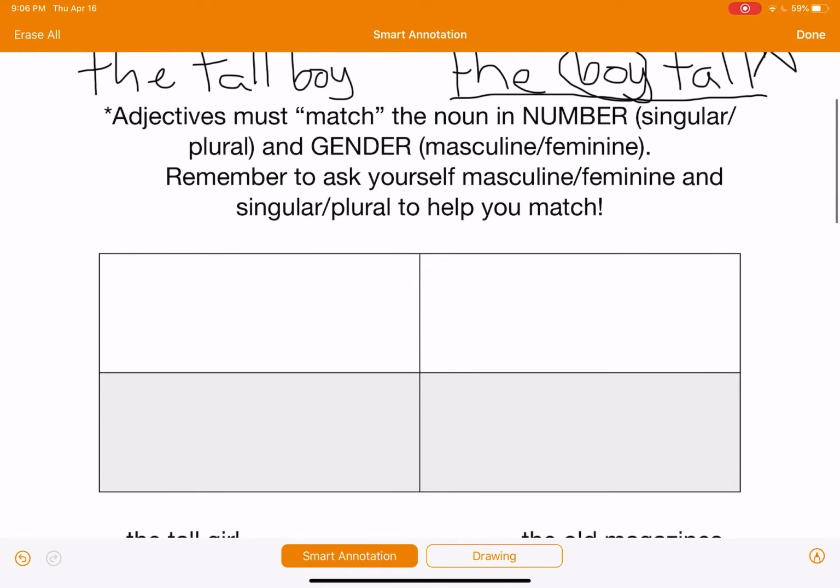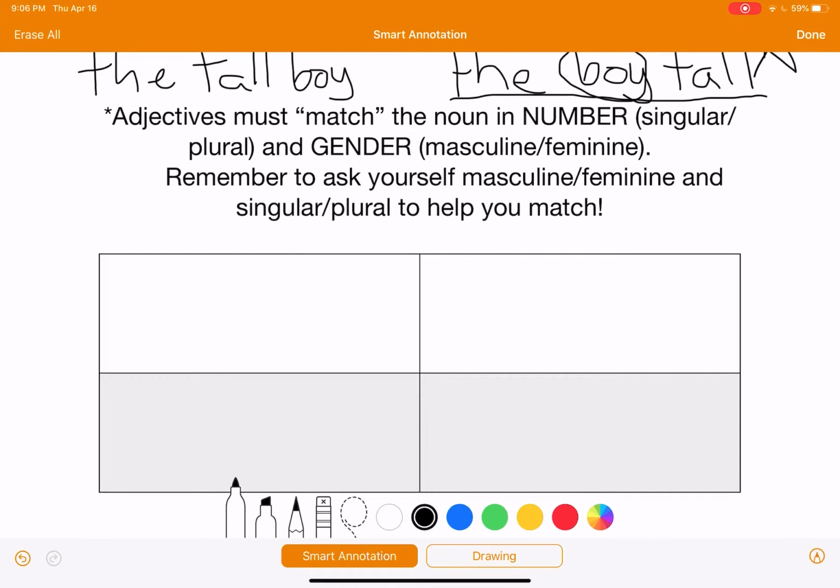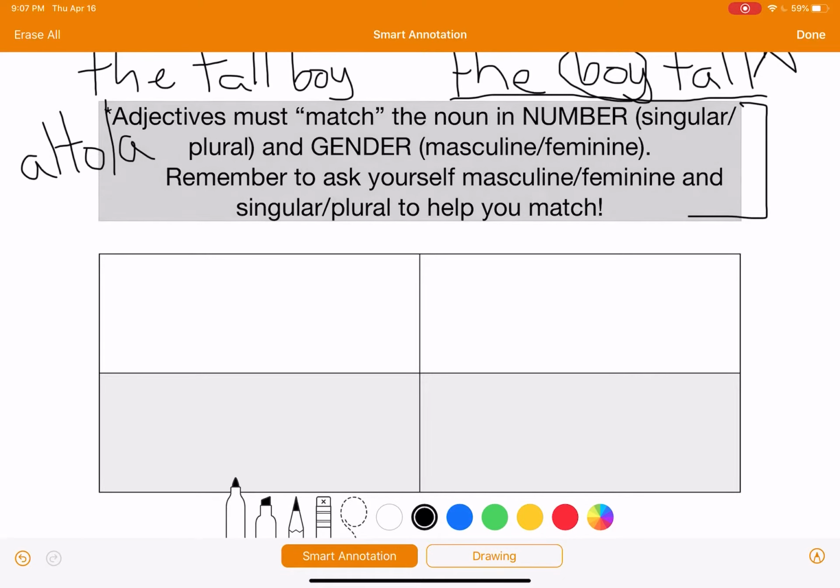So if you remember back to our list of adjectives, you will remember that a lot of your adjectives actually ended with the letter O, and then they had a little /a there. Okay, so let's think about the word auto, for example. It looked like this, and then we had this /a. Okay, this is because of this rule right here.